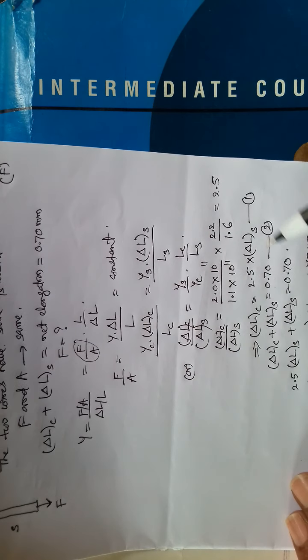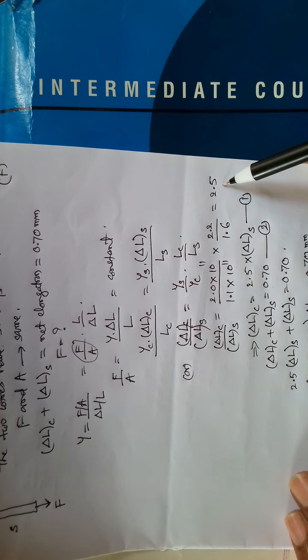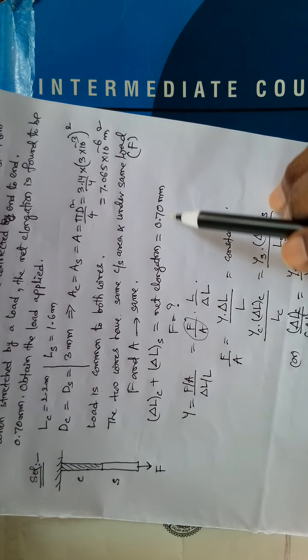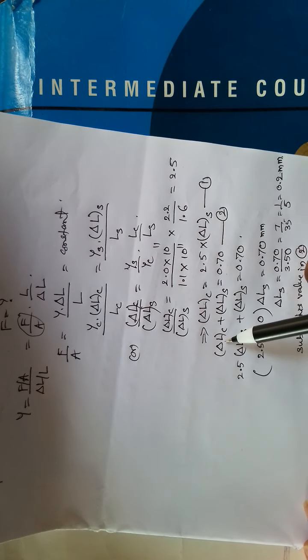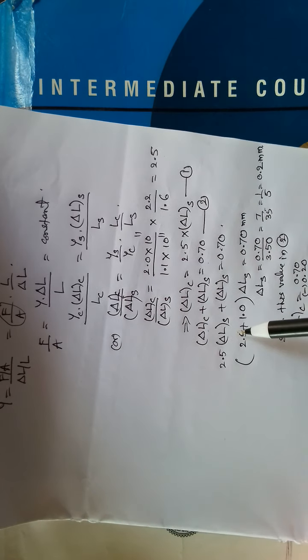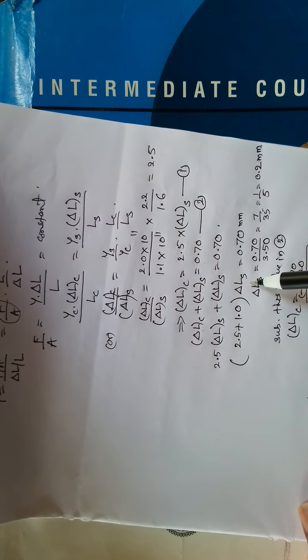So here the ratio between elongations of copper wire and steel wire is 2.5, and in the problem the total elongation is given. So let us write that here, and in place of delta LC you can substitute this. Then delta LS becomes common.